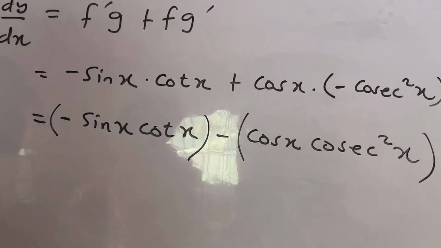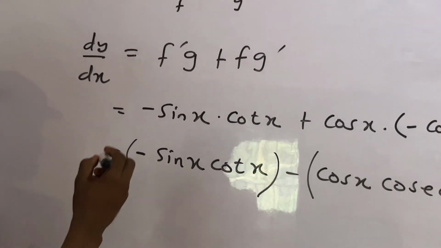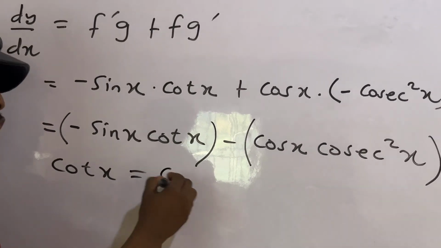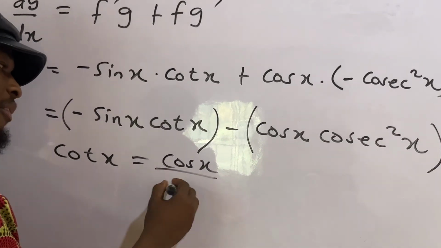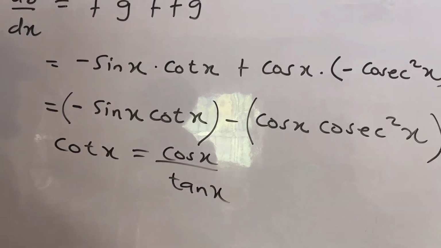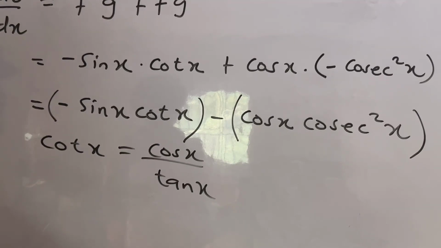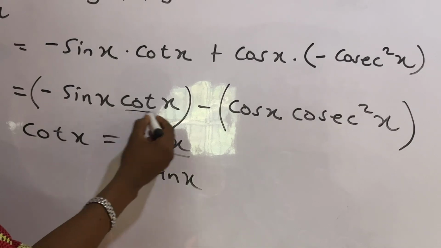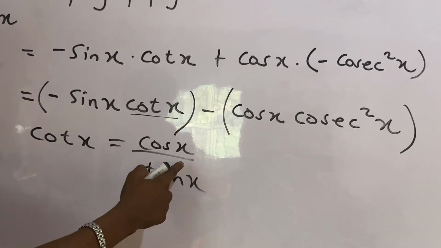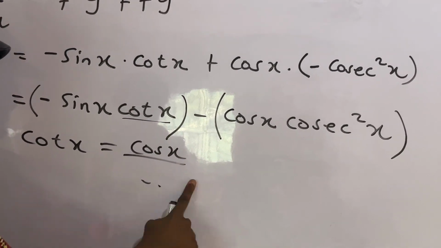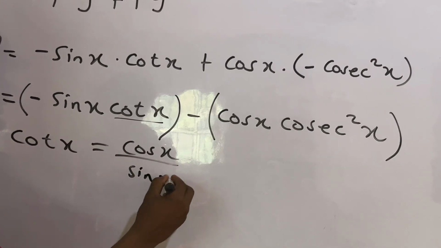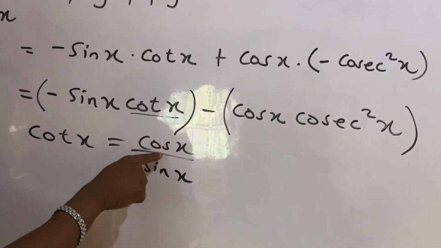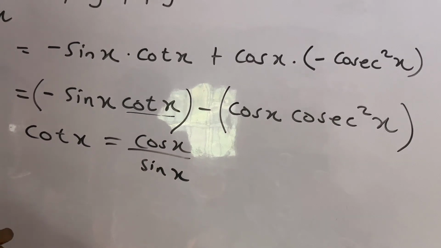Now, viewers, from trigonometry, cotangent of x is the same as cos x over sine x. So whenever I see cot x, I'll put cos x over sine x.